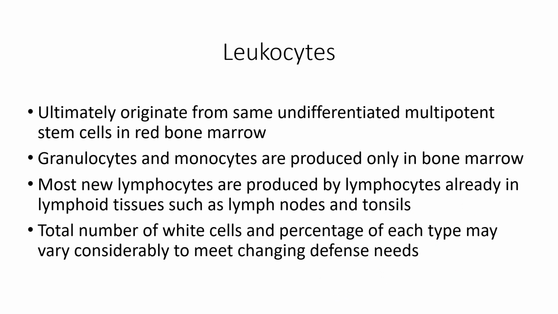All leukocytes ultimately originate from the same undifferentiated multipotent stem cells in the red bone marrow. Granulocytes and monocytes are the only ones produced in the bone marrow.